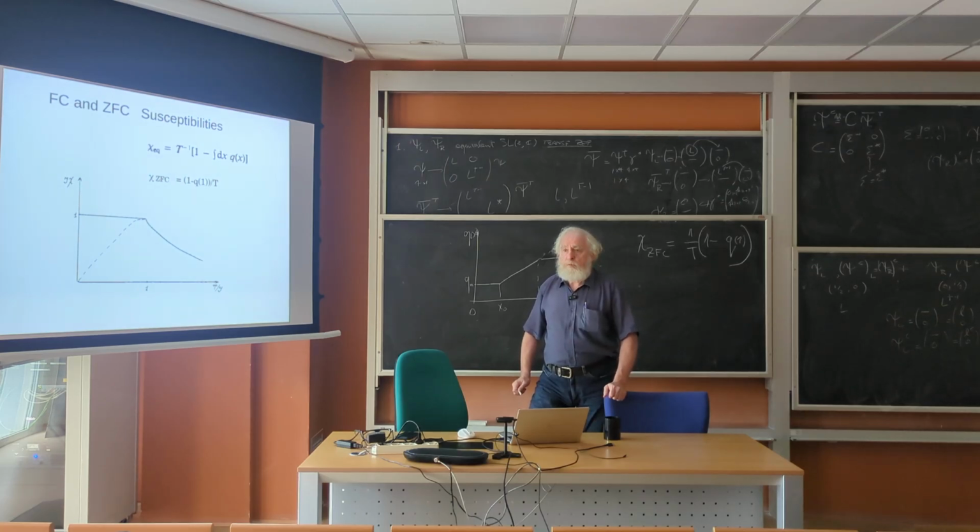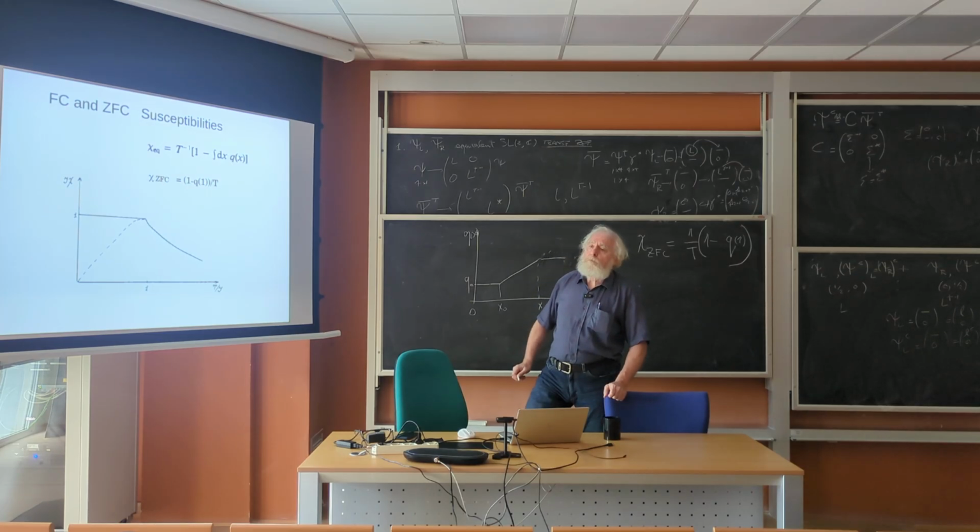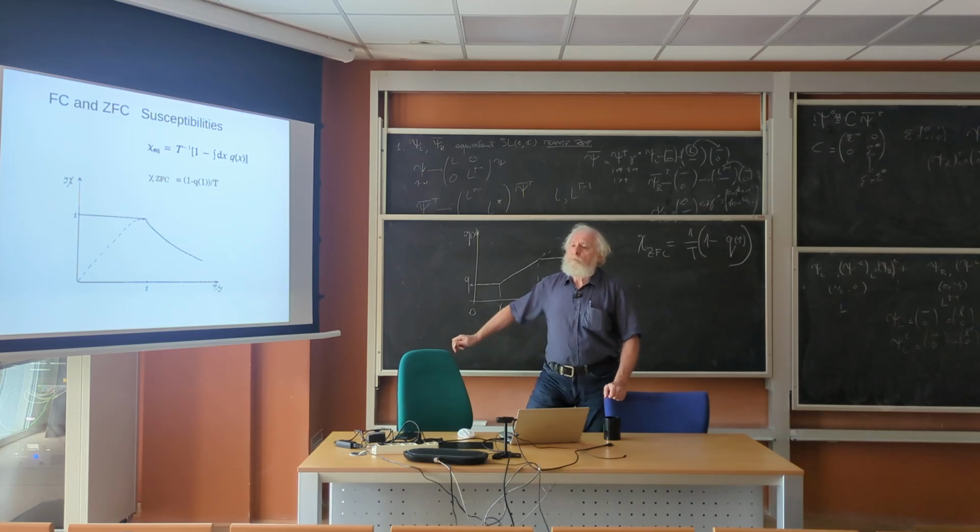Field cooled, yes, it is in some sense equilibrium. It doesn't depend on the value of the field, but this is linear susceptibility. Yes, it is in the weak field limit.